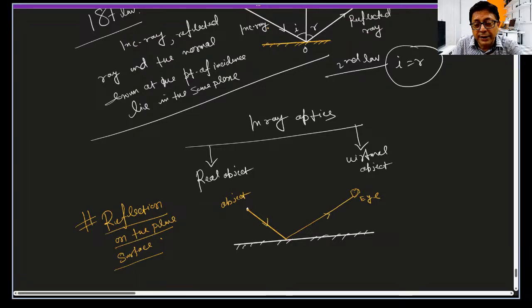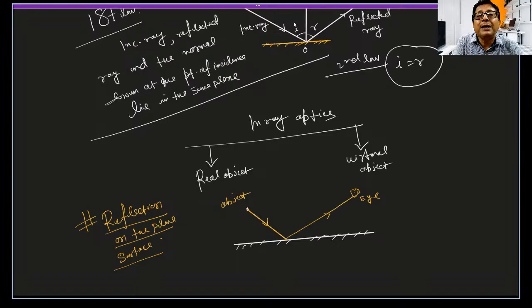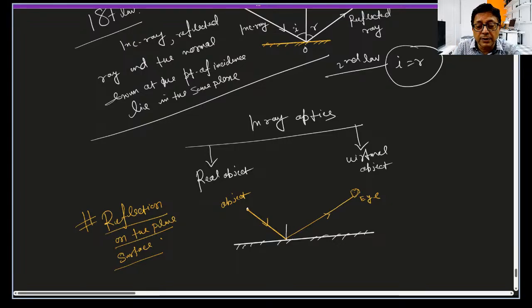Light ray, it gets reflected, and you can draw the normal also there. Normal will help you. This is object, this is eye, this is the point of incidence. NP is the normal. Normal will help to understand how I equal to R is obeyed always.